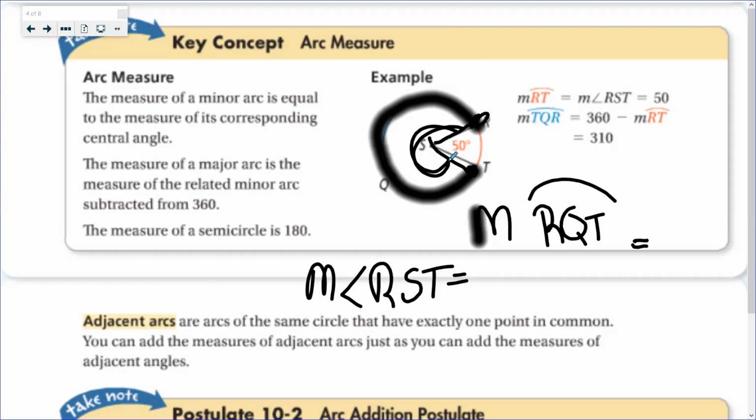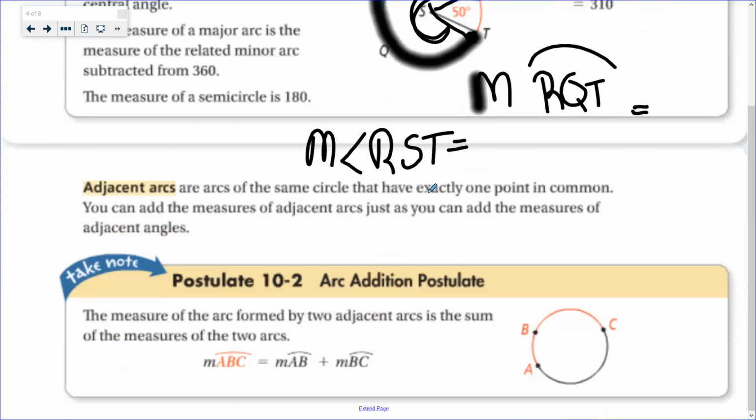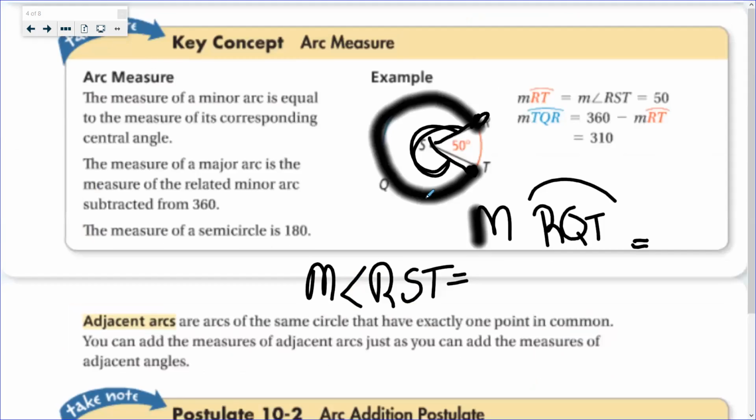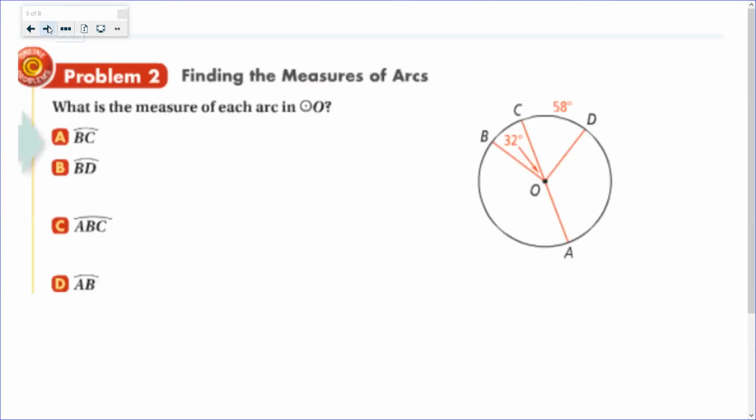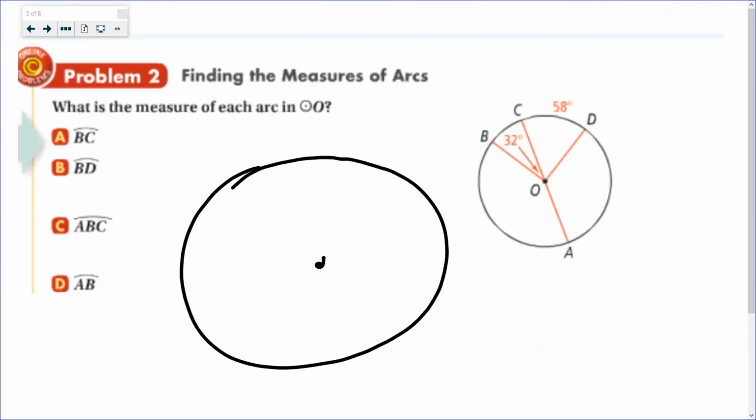If you have this circle here, I will draw it down. Look here, if you have this circle and I told you now that this angle is 50, how can I find this angle? 360 minus 50.